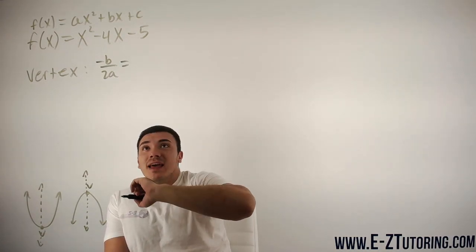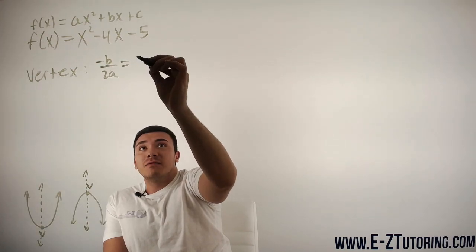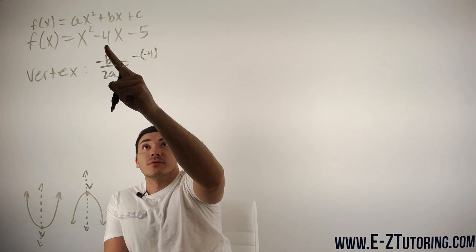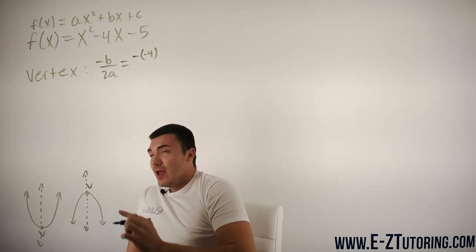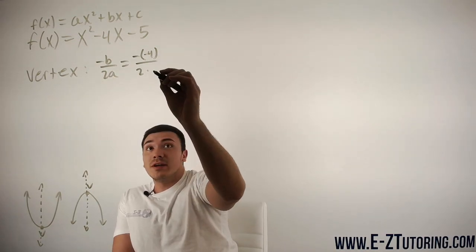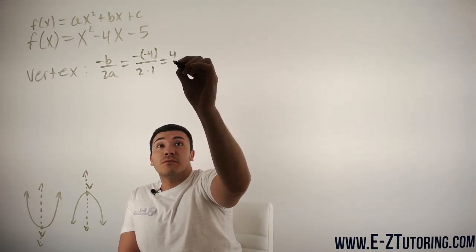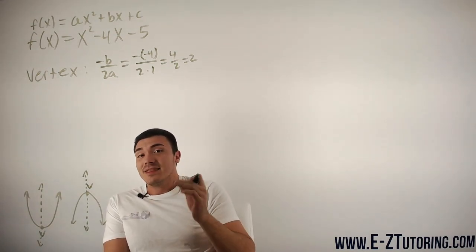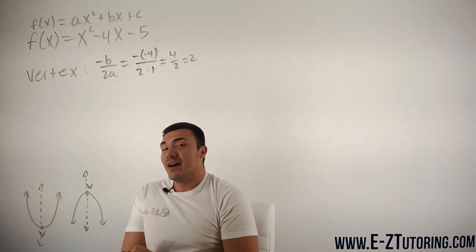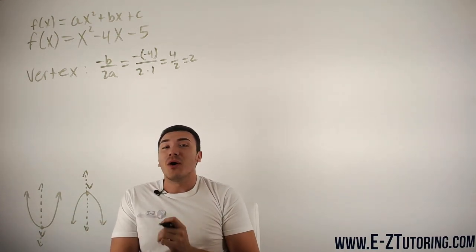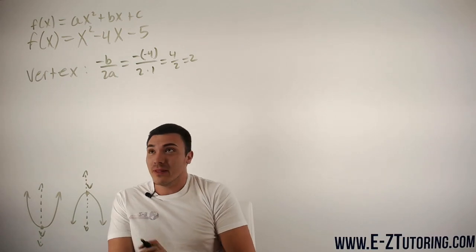If we go ahead and plug that in, we have negative b, and b is negative 4, over 2 times a, and a is 1, so this is just 4 over 2, which is just 2. That is your x coordinate of your vertex. How do you find the y coordinate? All you need to do now is simply plug it in.